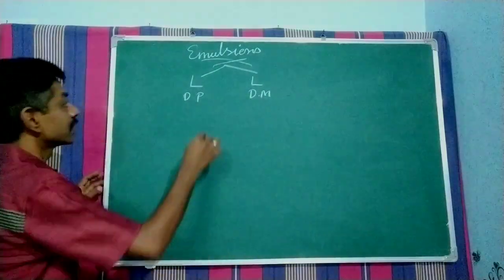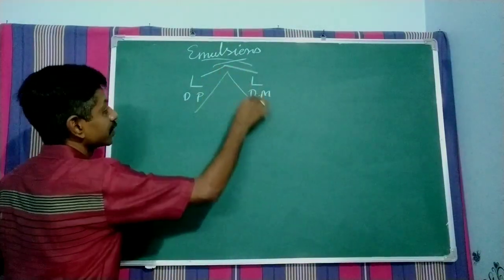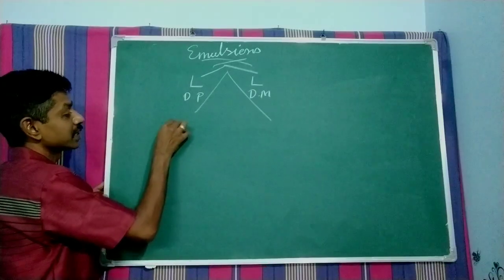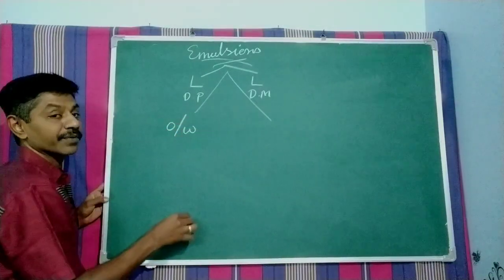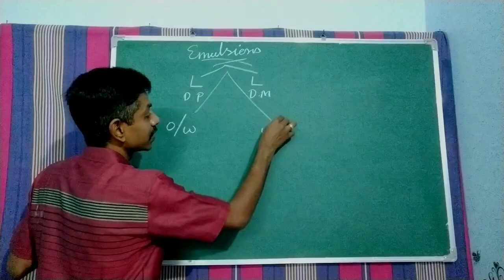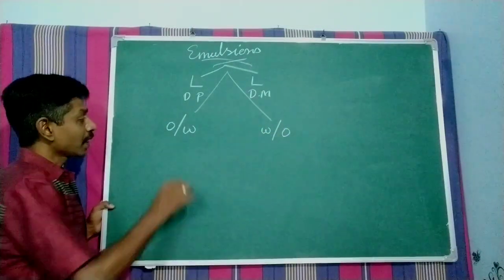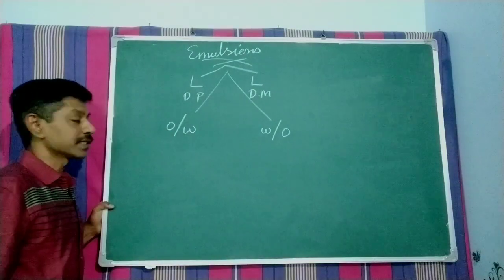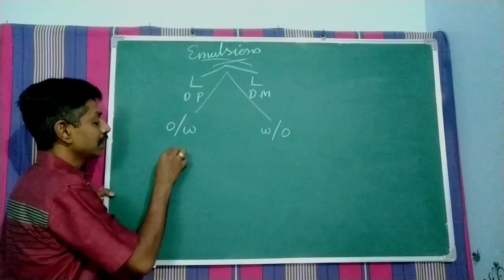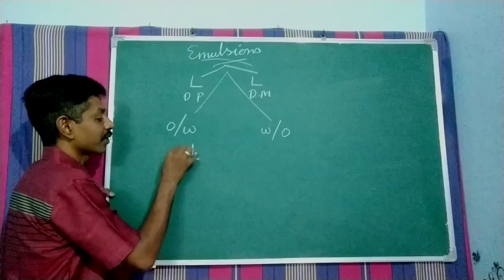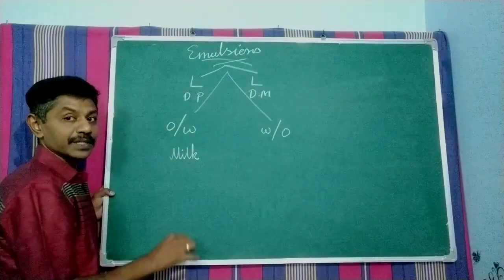The reason is they are further classified into 2 types. One is oil and water type of emulsion, and another one is water and oil type of emulsion. With one example you can understand better. Milk is one of the examples for the oil and water type of emulsion.